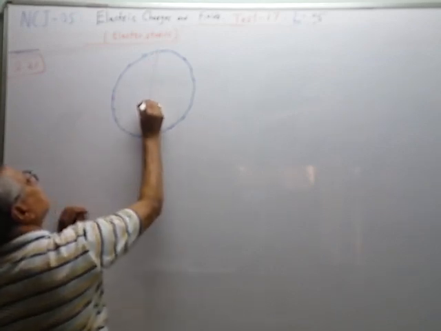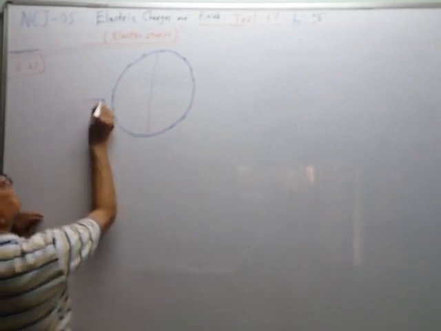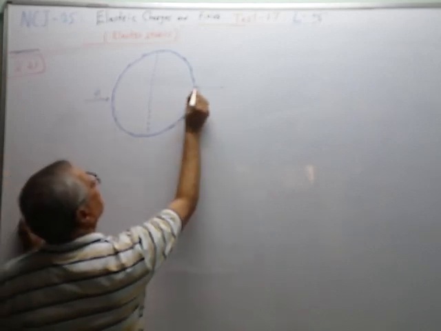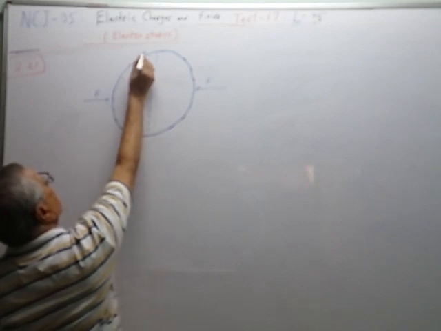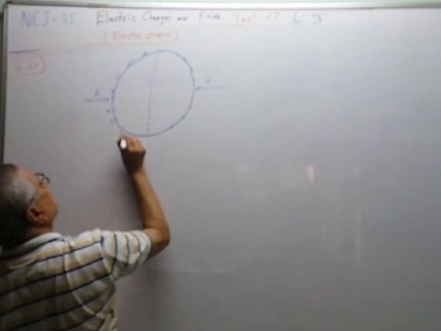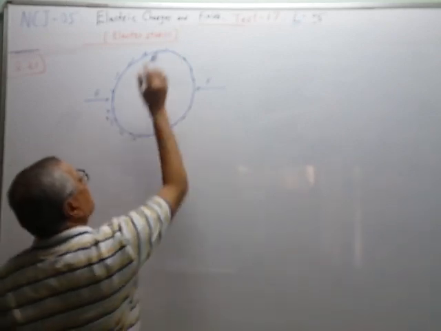This is the line where the two hemispheres are joined. So to keep them, some force is applied in this direction. Why? Because it has positive charge. Surface charge density sigma. It has also positive charge.